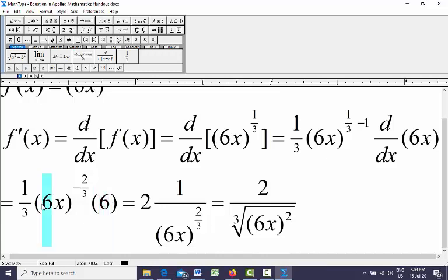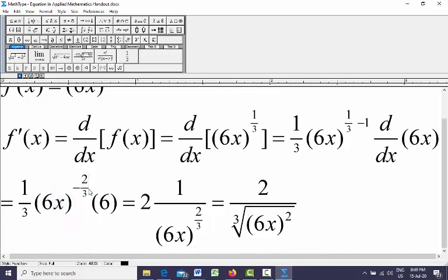You cannot multiply because this 6 is not alone. This 6 has a power over it. Again, you cannot multiply this 6 with this 1/3, because this 6 is not an isolated number. It has a power over it. So always remember, please don't make this type of mistake in the exam.